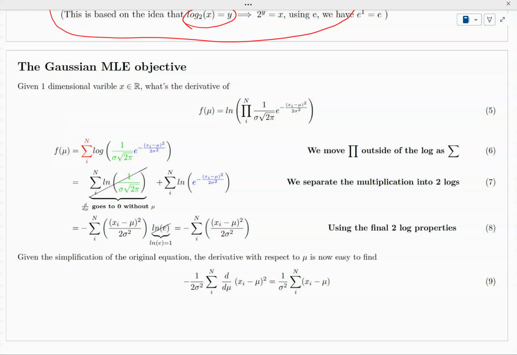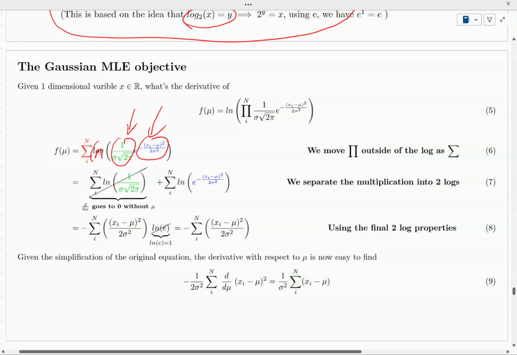I skipped a step. So first I move the product outside as the sum. And then after that, with the log, you can split. You have two things multiplied together. You can split them. So I split log of this plus log of this. Okay. Because log of xy is equal to log of x plus log of y, right?